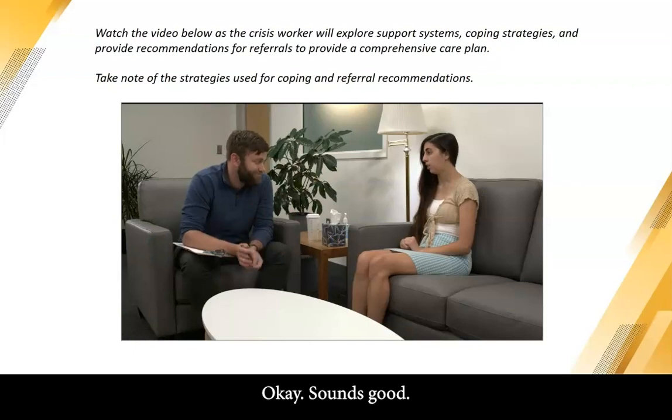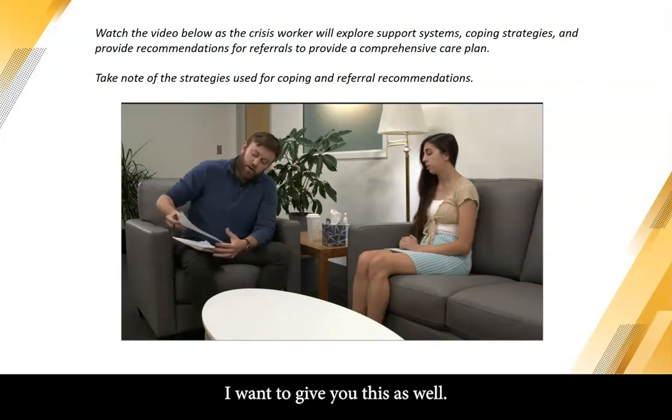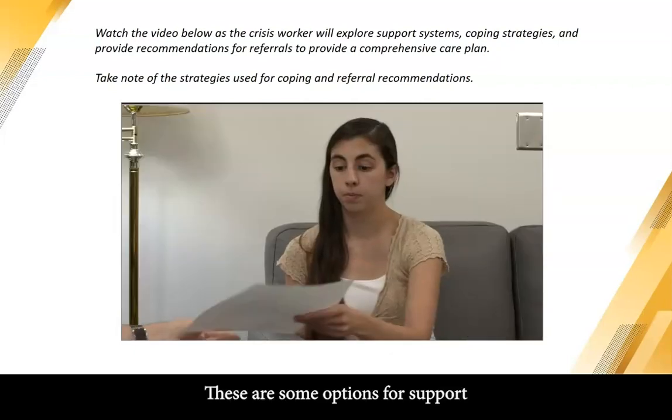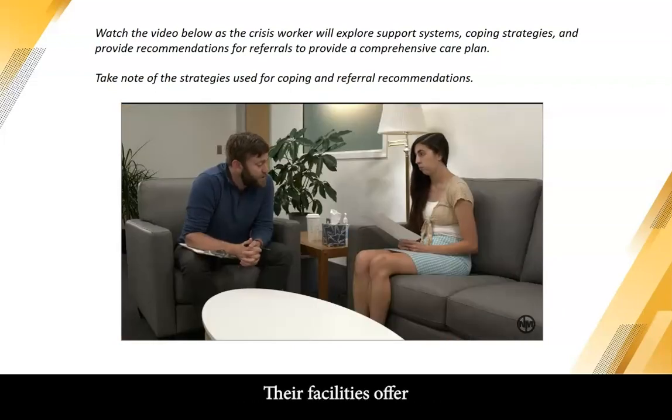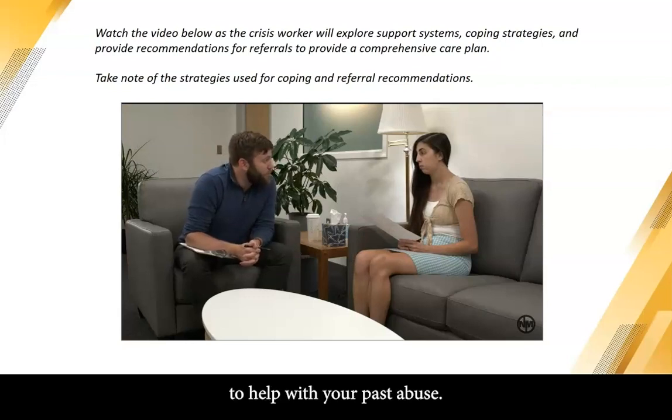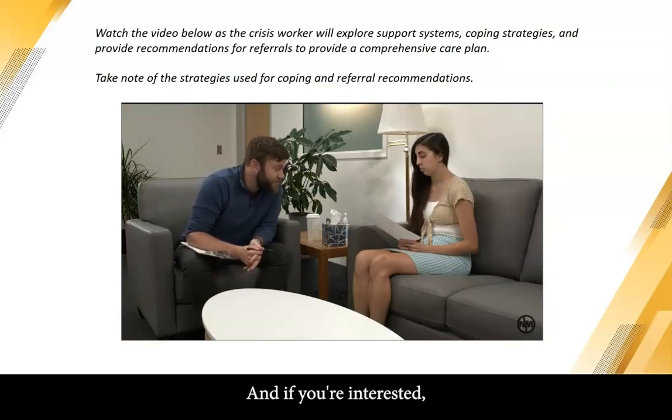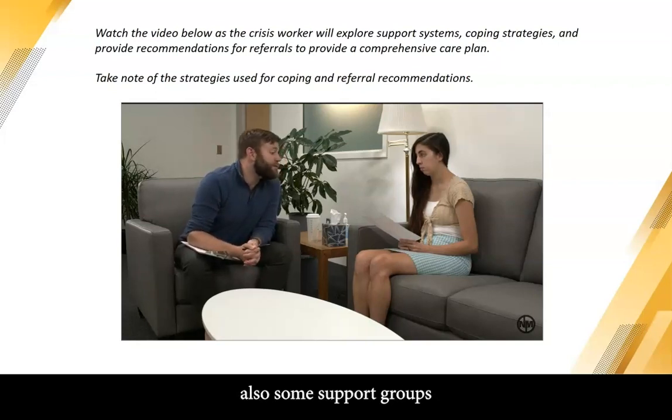Okay, sounds good. And I want to give you this as well. These are some options for support groups that can help you cope with your past relationship. Their facilities offer all kinds of resources to help with your past abuse. They're safe and confidential. And if you're interested, there's also some support groups to help with the drinking. I would like that.